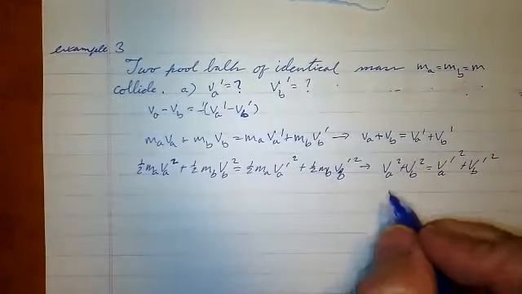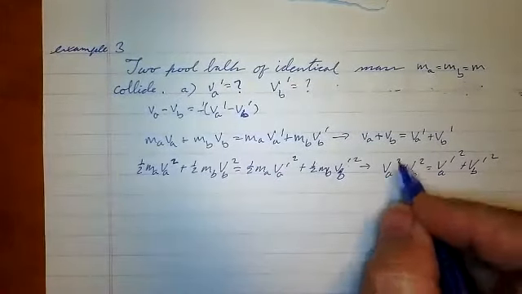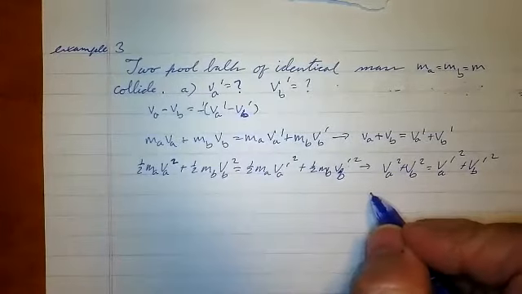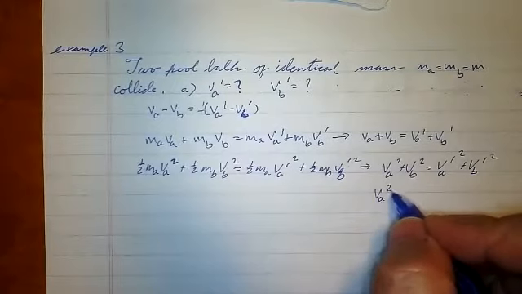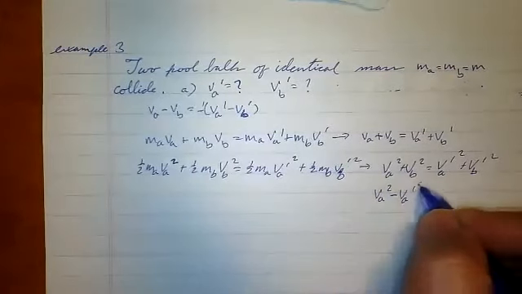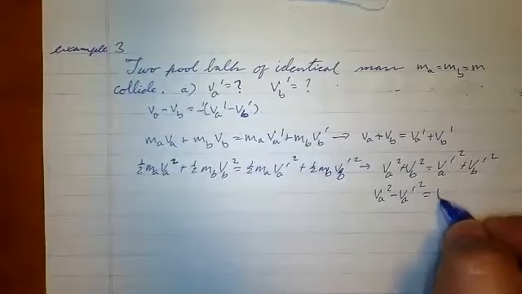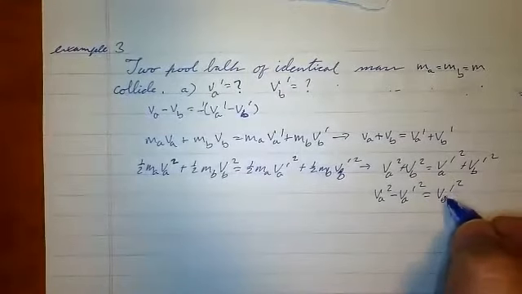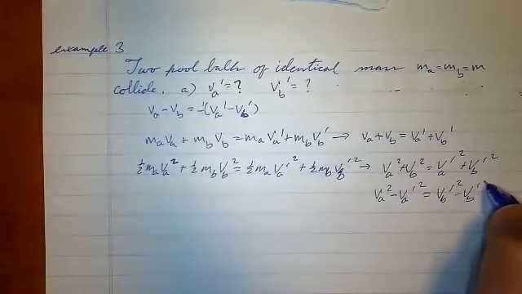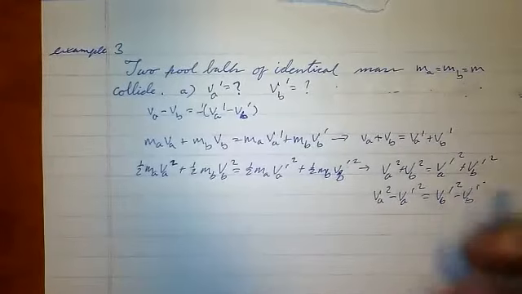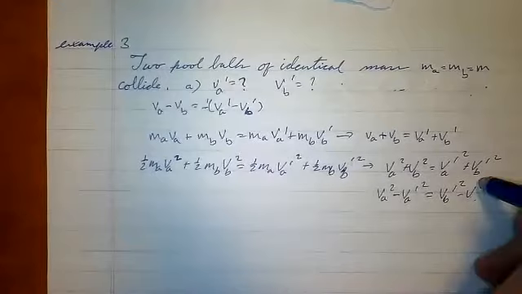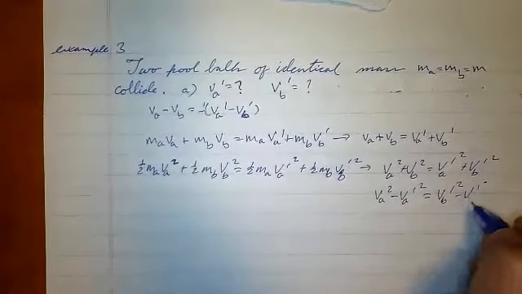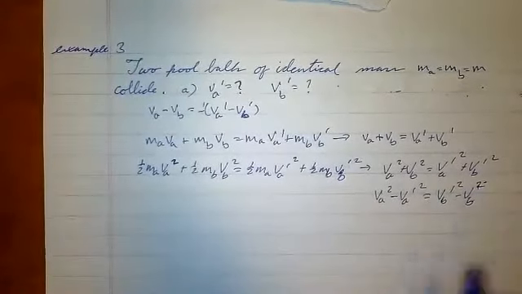In fact, if I refactor this again, I could say VA squared minus VA prime squared is equal to VB prime squared minus VB squared.